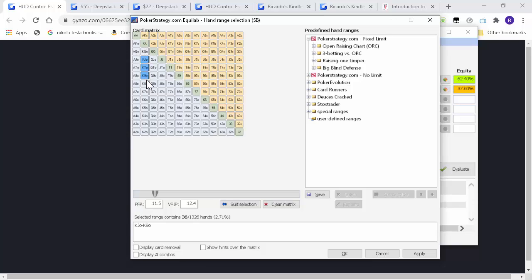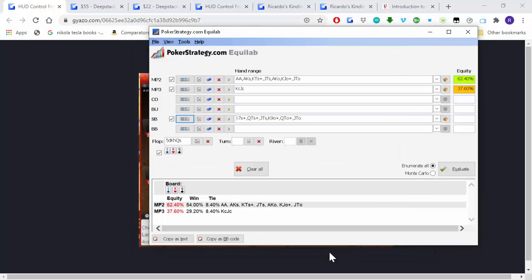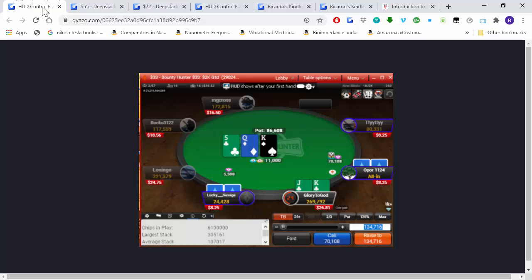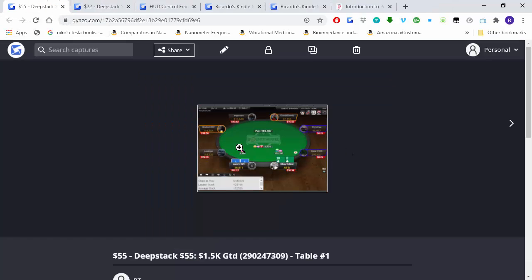Can't have ace king. I don't think he has ace queen either. He might have some of these things. He's a fish. So 26% equity. There's some pot odds I need. Yeah, wasted too much time on that. It's just fold.